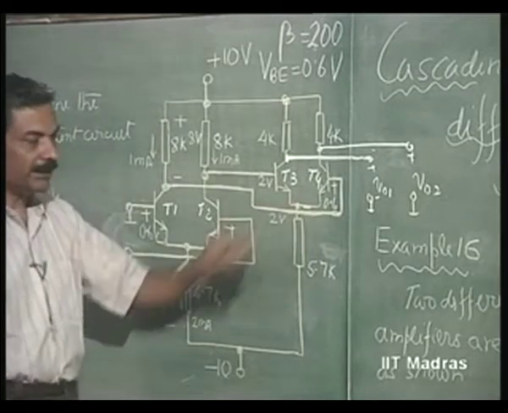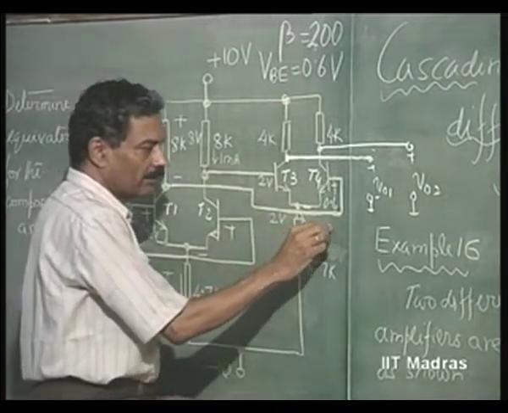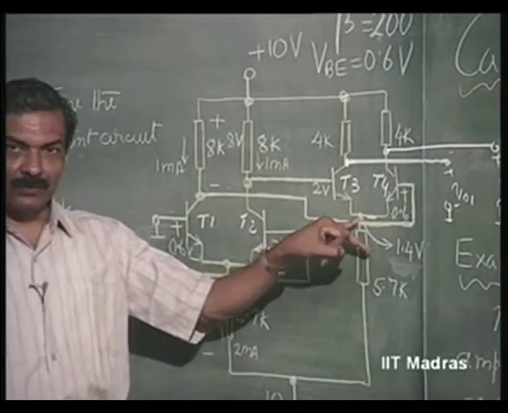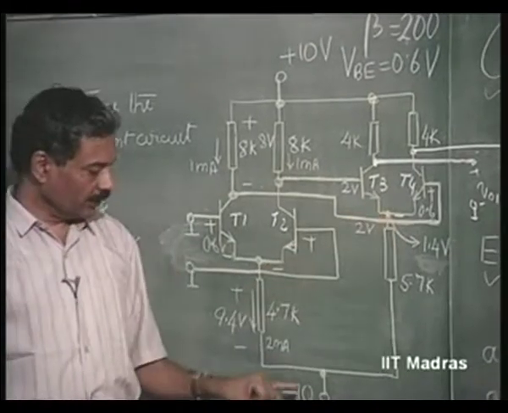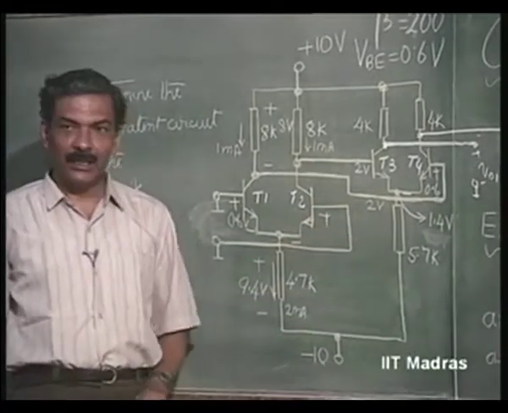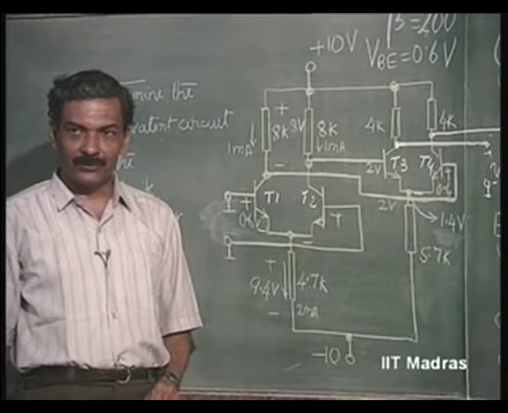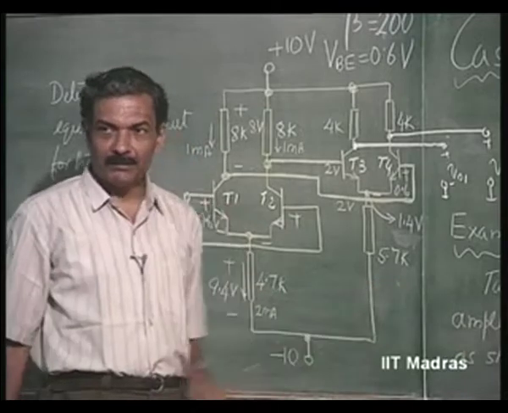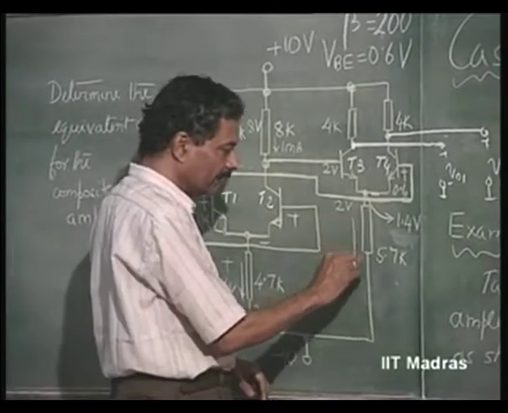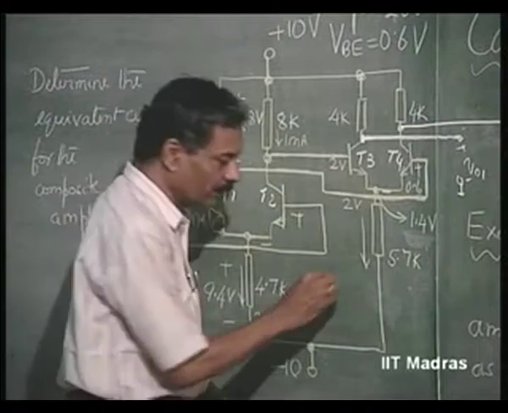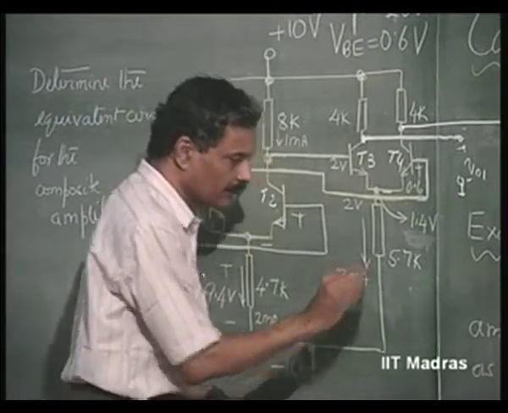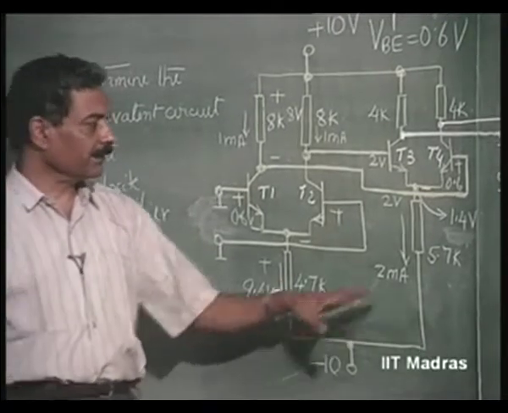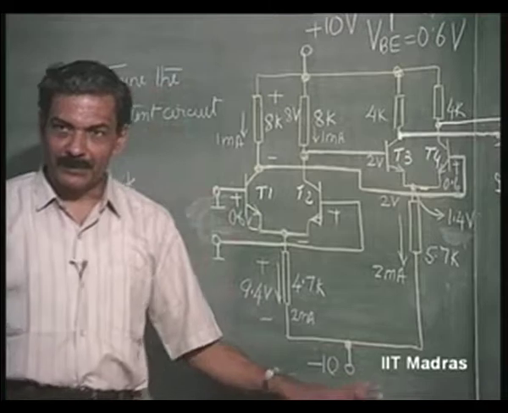So, the voltage here is 1.4 volts. This is minus 10. So, the total voltage is 11.4 volts, and I am fixing the resistance as 5.7 K, which is going to give us again current through this as 2 milliamperes. So, I have purposely fixed these currents uniformly as 2 milliamperes. Okay.